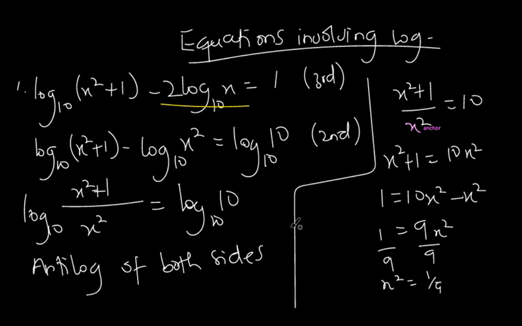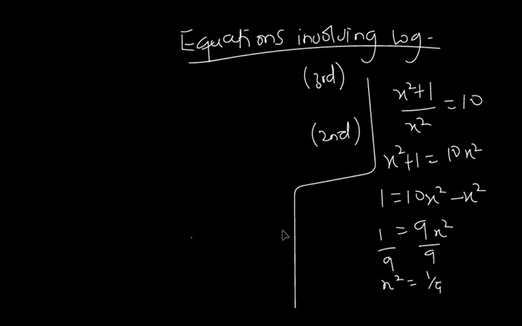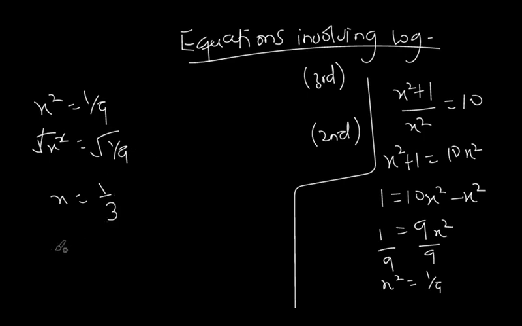I hope you are done with this side in case you are copying. So from here, s square is equal to 1 over 9. We just have to take the root of s square and the root of 1 over 9. So this will cancel this, and we have s is equal to the root of 1 over 9, which is 1 over 3.